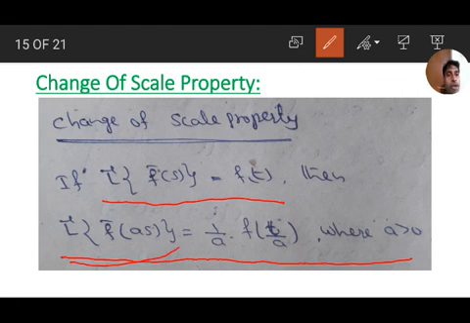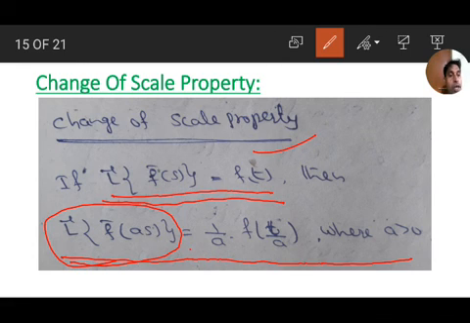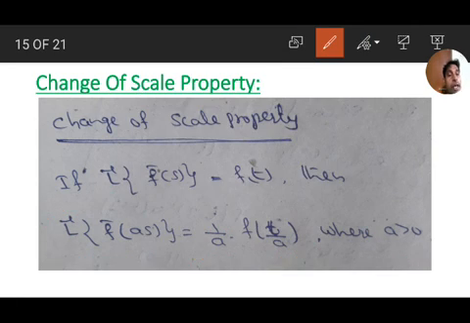To find L inverse of f bar of as, we use the change of scale property. If we know the inverse Laplace transform of f bar s is f of t, then L inverse of f bar of as is 1 by a into f of t by a.